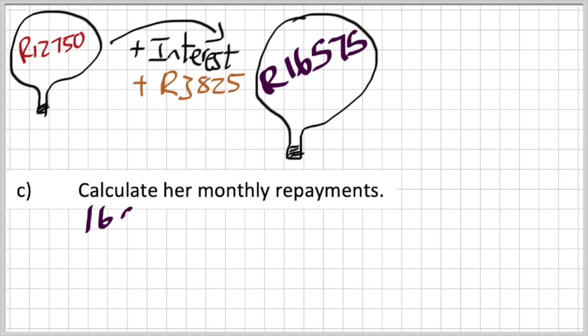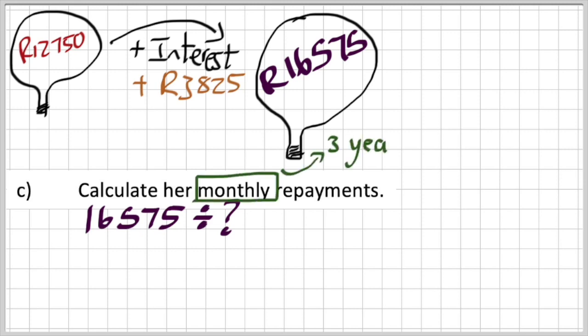And this is now going to be your monthly repayments. So every month, I'm going to have to let out a little bit of air from my big balloon. And how many repayments are there going to be? Well, monthly, that's important. Remember, it's 3 years. So there's going to be 36 months worth of repayments.